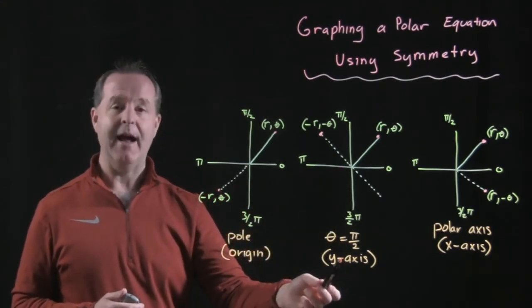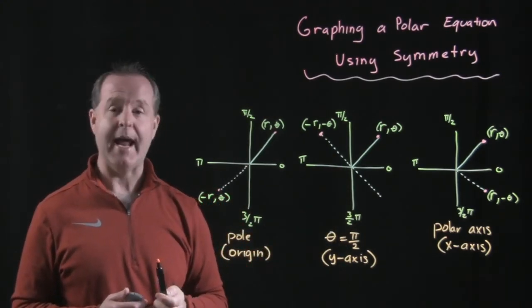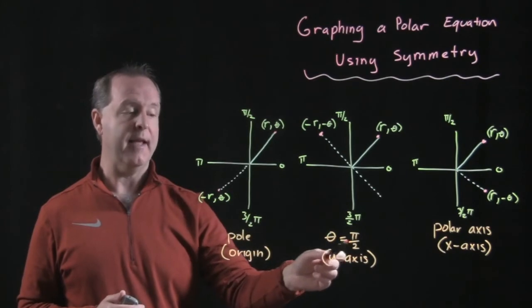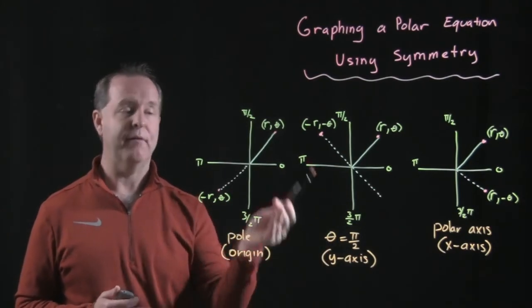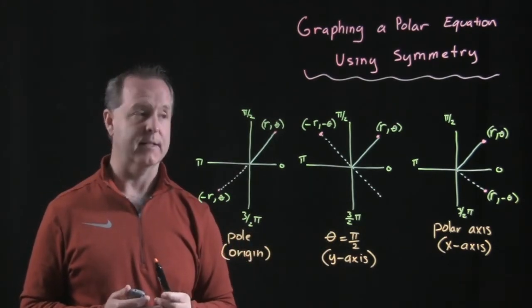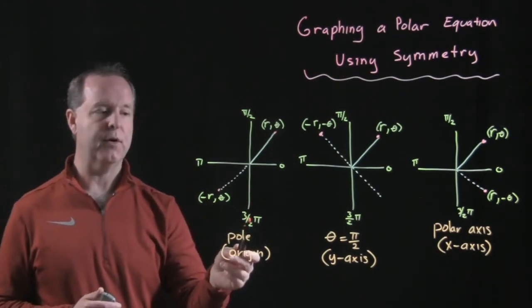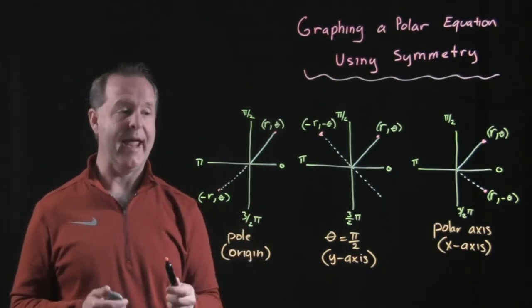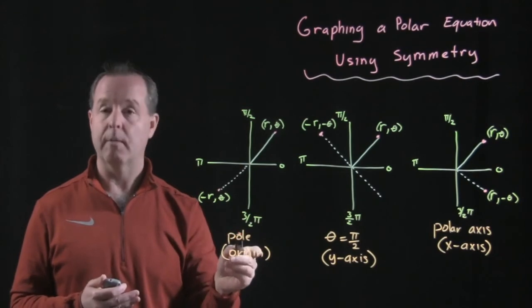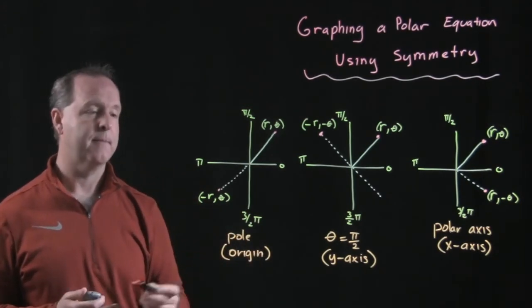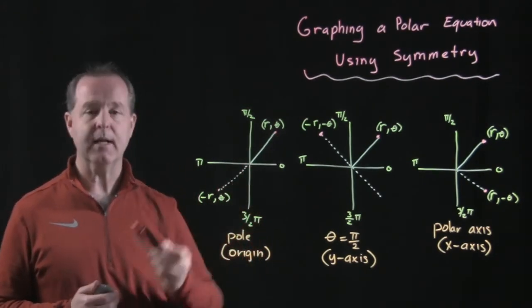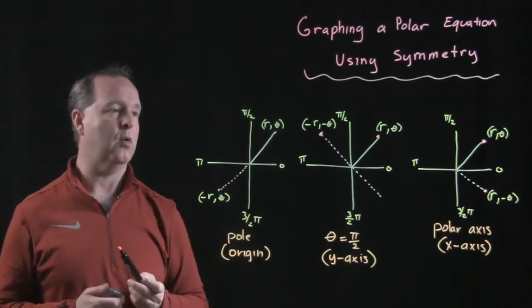The second one is on the traditional y-axis, or the line theta equals pi halves, where we have a reflection about that axis. And then lastly, the third possible symmetry is about the origin, or the pole using our polar words. And you can see it reflected about, again, the pole or the origin.